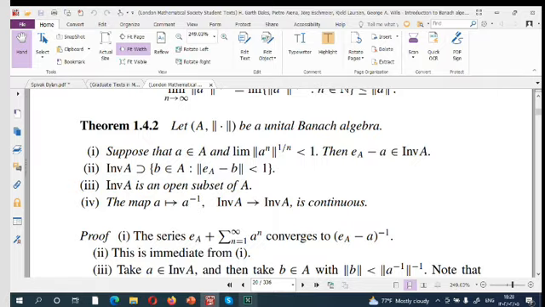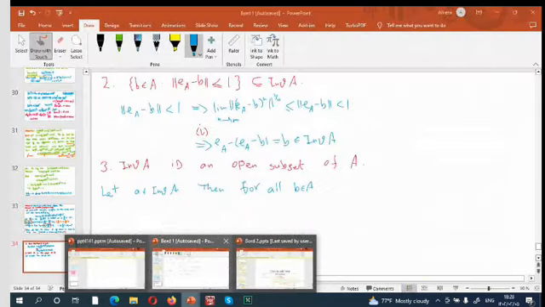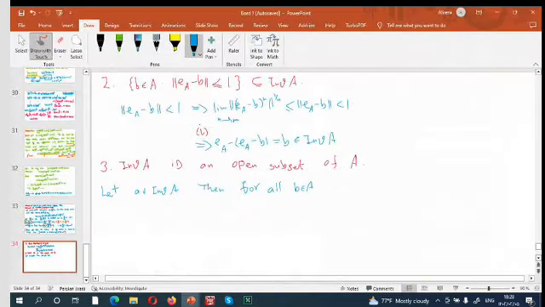Okay? Let A belong to this set. Then for all B with this property, the norm of B be less than this positive number.